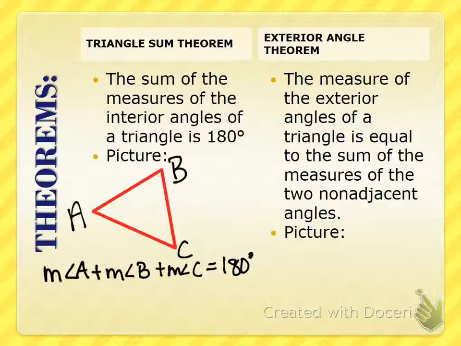If you're finished with the triangle sum theorem, flip over so that you can copy down the exterior angle theorem. The exterior angle theorem states that the measure of the exterior angles of a triangle is equal to the sum of the measures of the two non-adjacent interior angles.